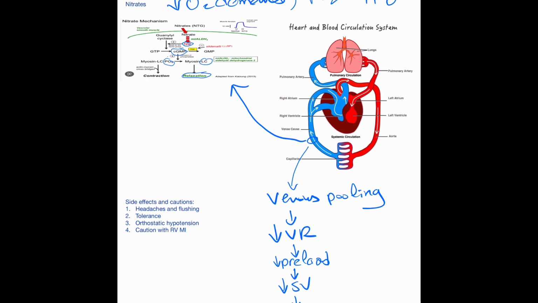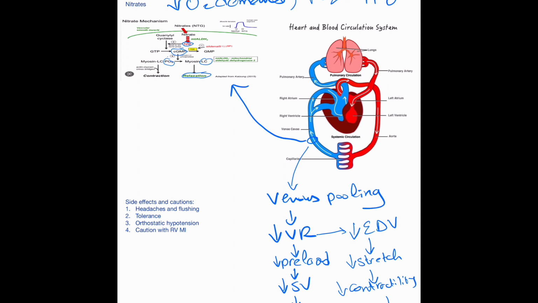Also, when you decrease the venous return, you decrease the end diastolic volume, and then you decrease the stretch on the heart, decrease contractility, and then you again decrease the oxygen demand. This is essentially how it works, by decreasing the oxygen demand.